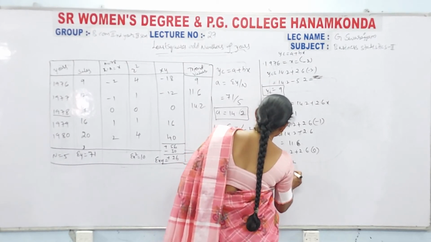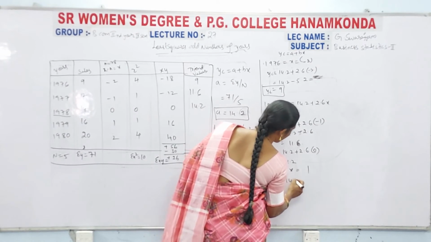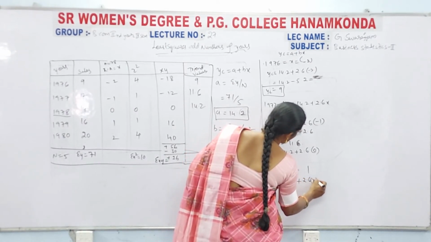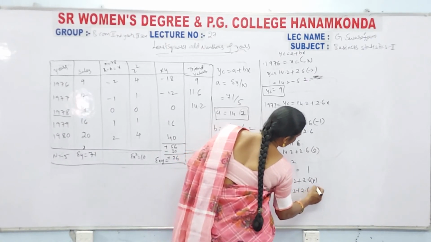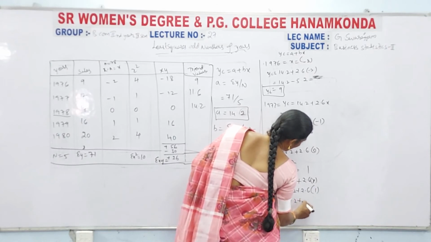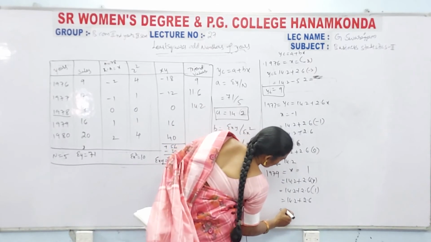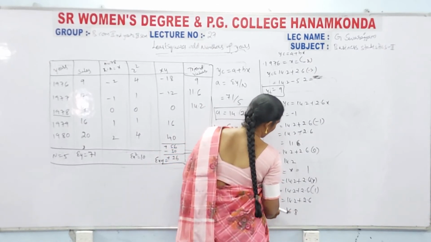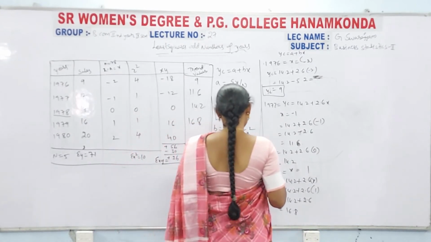Next, 1979, x is equal to +1. So 14.2 plus 2.6x. So here 14.2 plus 2.6 into 1, 2.6. So here 16.8. Okay.